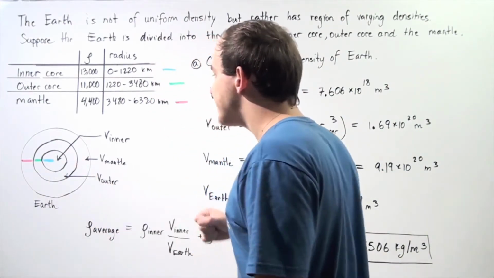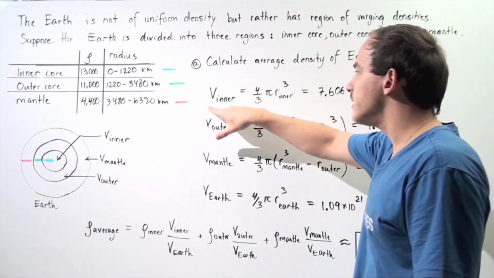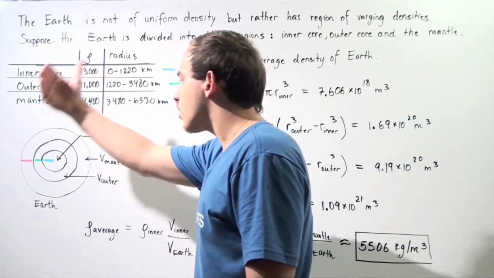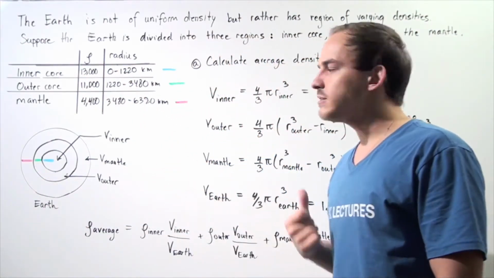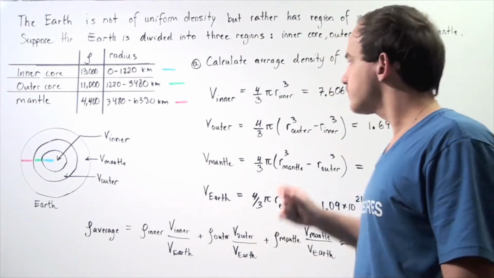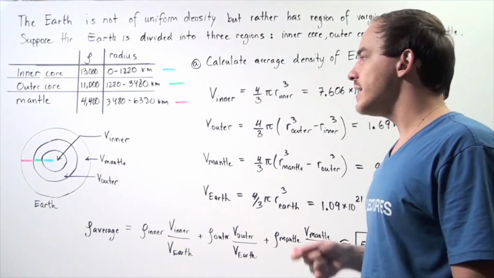So let's begin by calculating the volume of the inner core. To calculate the volume of the inner core, we make the assumption that our Earth is a perfect sphere. So that means we can use our formula for a sphere. The volume of a sphere is equal to 4/3 pi radius cubed.